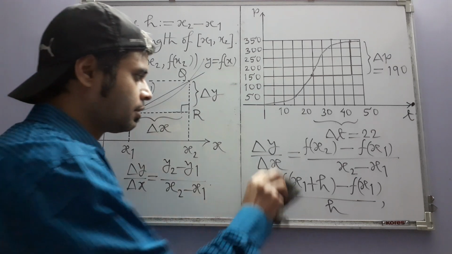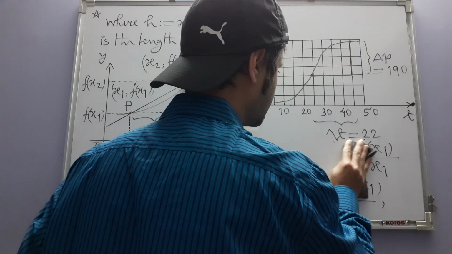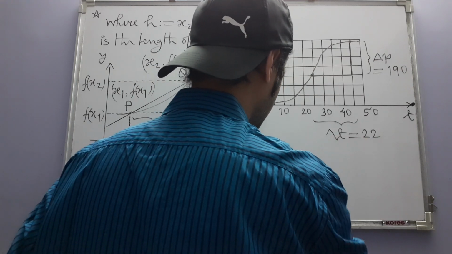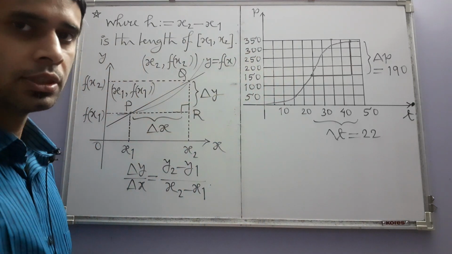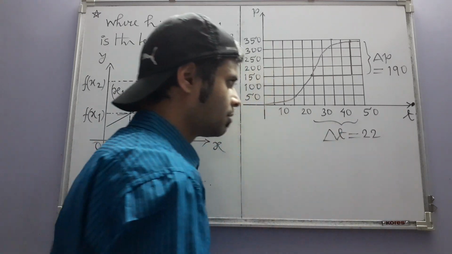Okay, now we come to the second example in the sense that, we said previously that we are going to see two types of rates of change.